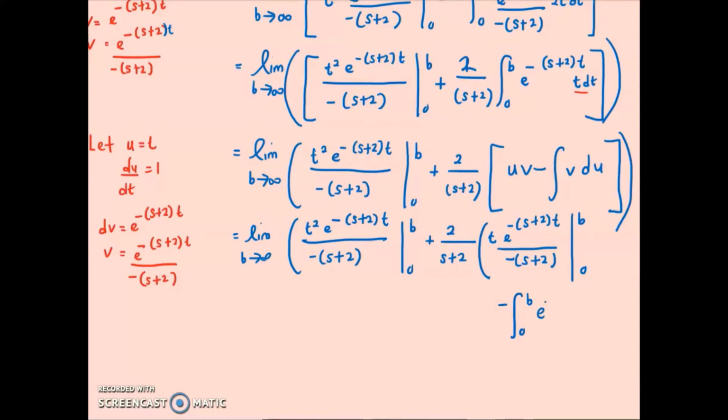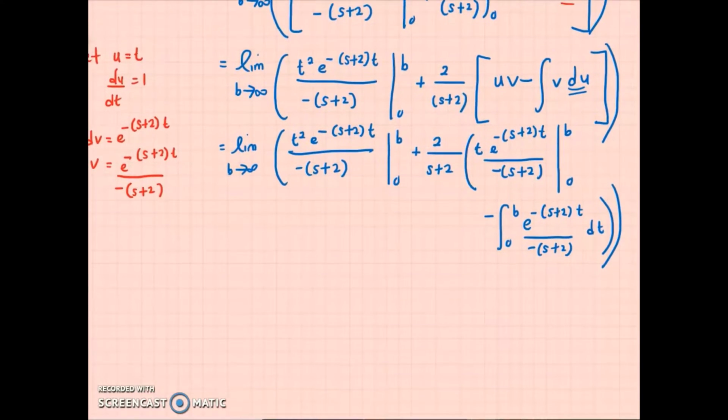So we have e^(-(s+2)t) over -(s+2). Now du this time is dt. Okay, looks like we've got to integrate one more time to complete.